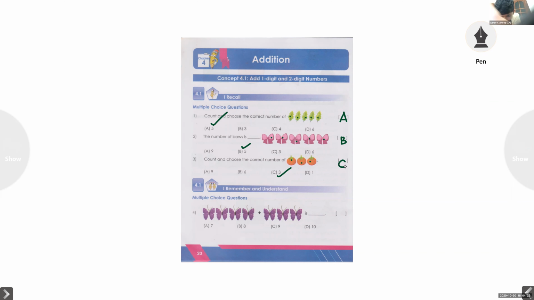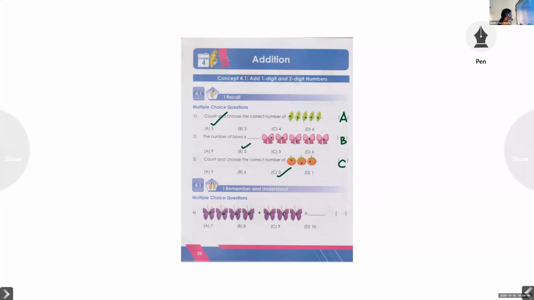Okay, read the question number 4. Sam Tom, unmute and read the question. Question number 4. How many butterflies are there altogether? Count. How many butterflies are there altogether? 7. So which is option?